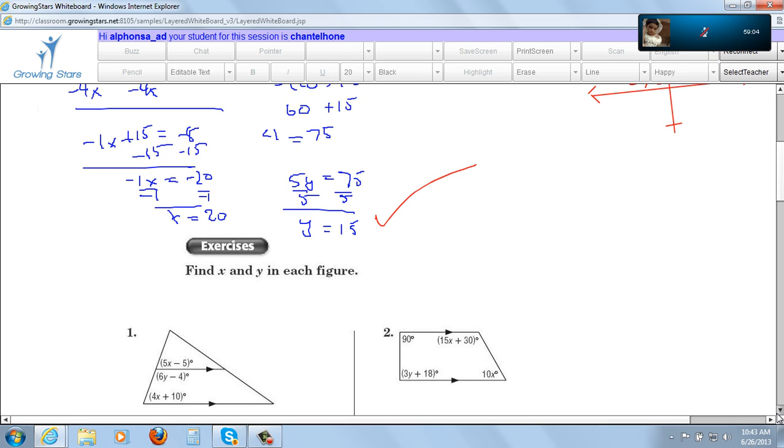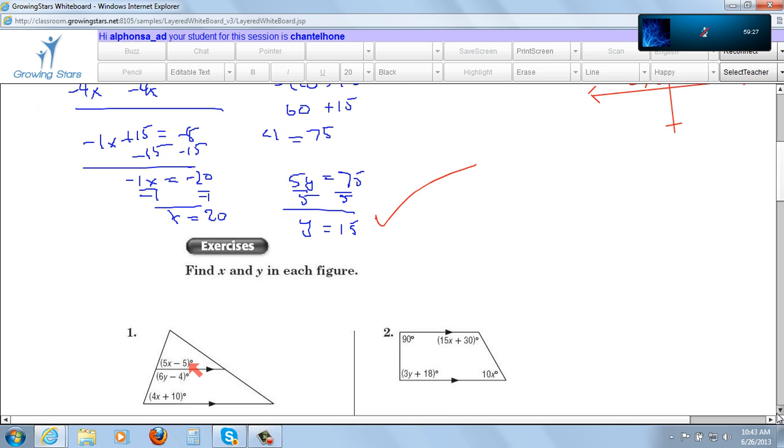Okay, good. Can you just try to find this one? Let us try this. Since these two are corresponding, it would be 5x minus 5 equals 4x plus 10.